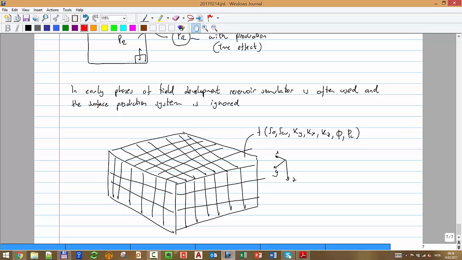I also provide the initial reservoir pressure, PR initial. I provide also the fluid properties, which tell me the viscosity, density, and some other things that I might need as a function of pressure and temperature.